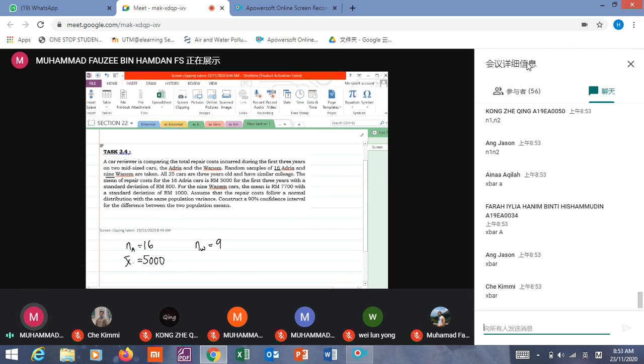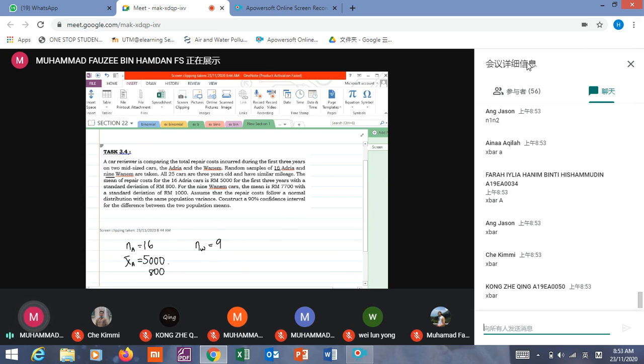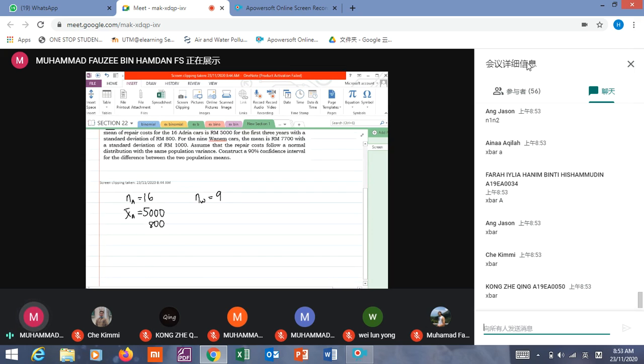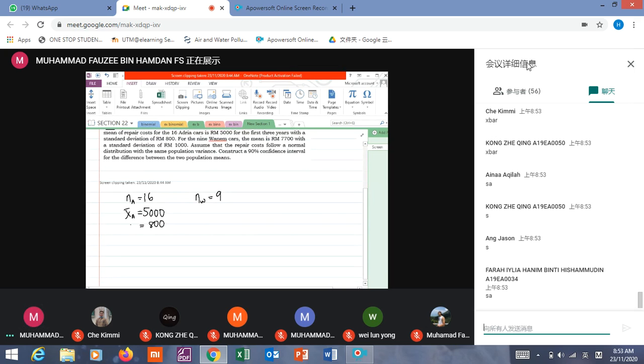X bar. Okay, X bar A. For the first 3 years with a standard deviation 800. What is the symbol for 800? Standard deviation for the sample, because this 800 came from this 16. Good, very good.